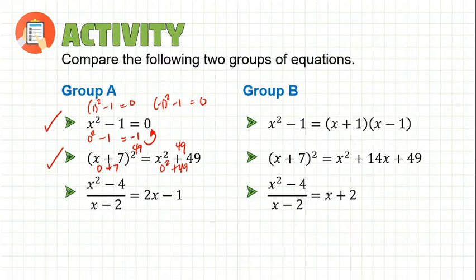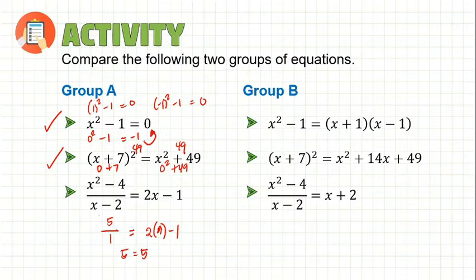That is, if you are going to try to substitute 3 here, so that will become 3 squared, and that is 9, minus 4, so that will become 5, over 3 minus 2, that is 1, right? Equal to 2 times 3 minus 1. So we have 5 equal to 5.